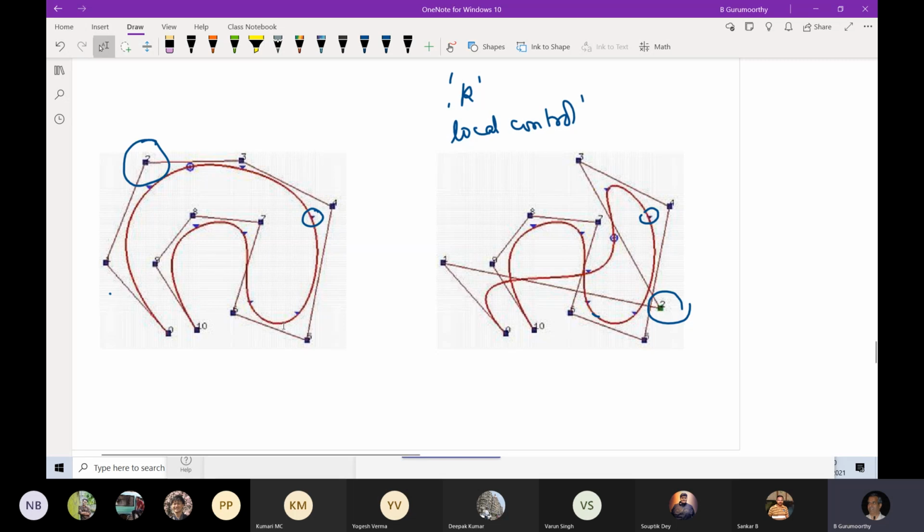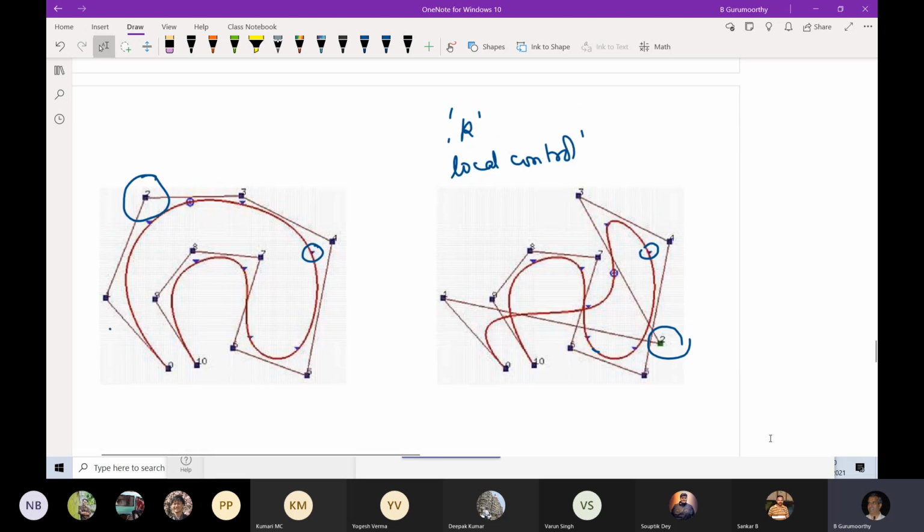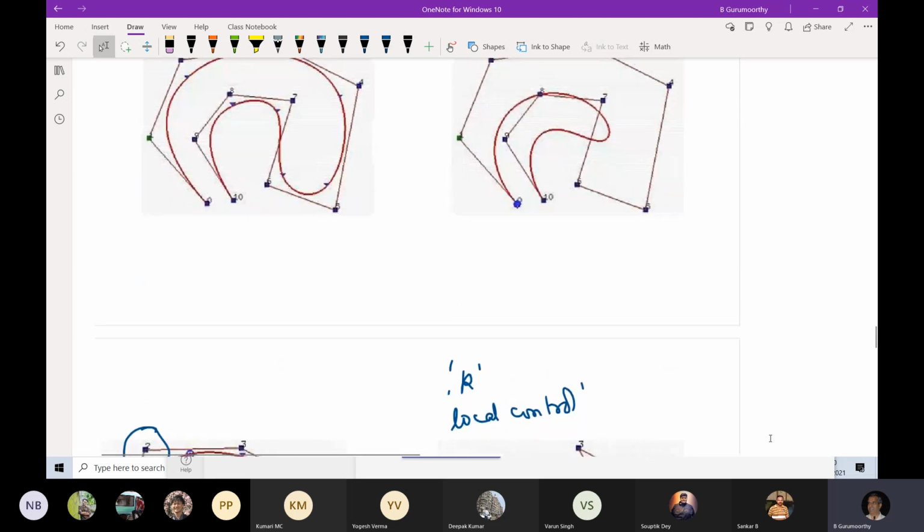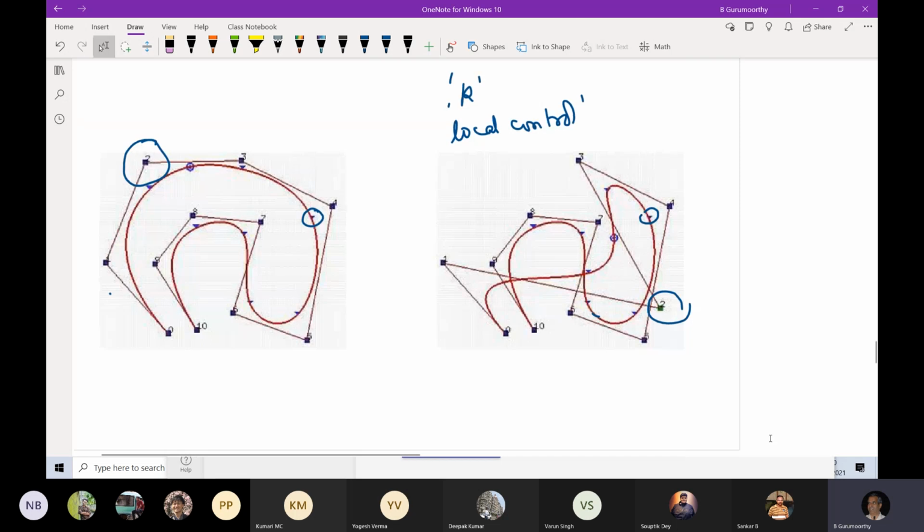So you have 4 or 5 segments that are not affected by this, and only the first 2 or 3 are affected because of this point moving. That's the other point we made, that the assertion of k control points and k segments is effective far away from the two ends as far as this particular knot vector is concerned.